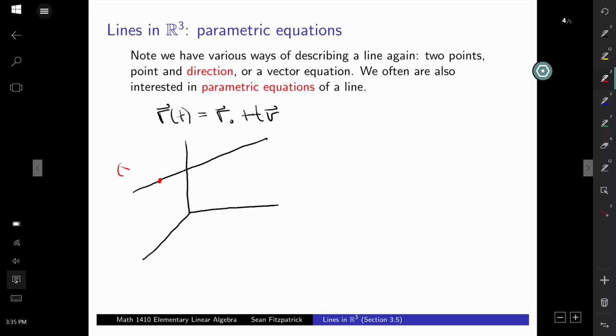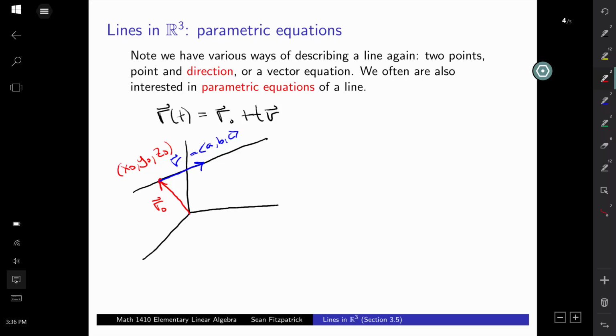So let's give that point coordinates: x naught, y naught, z naught. Okay, there's our vector R naught. We've got our vector V, which is parallel to the line, and let's say V has components A, B, C.